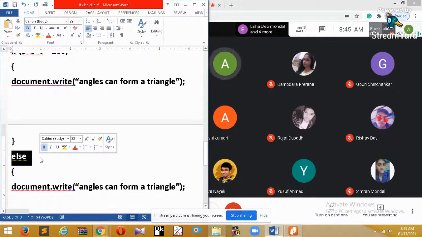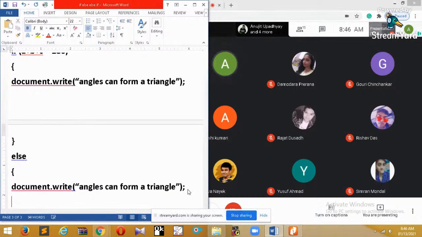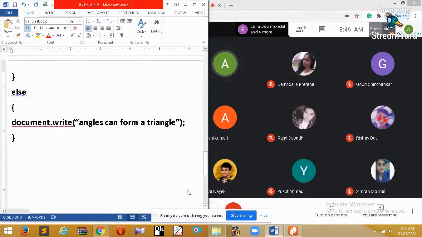So in case of else, we do not write any condition. The compiler understands that the first condition became false, so it comes to the else part and executes whatever task is there. This is the general syntax and rule for writing any if else statement.